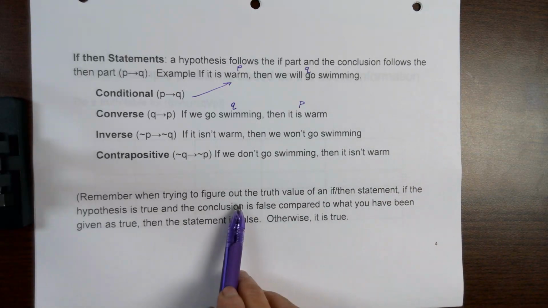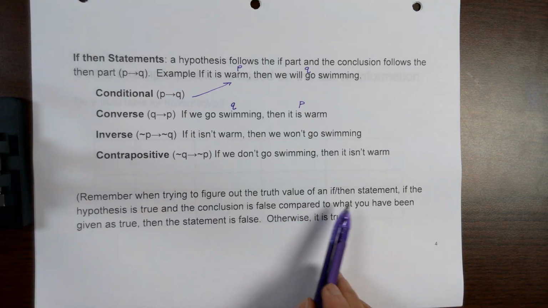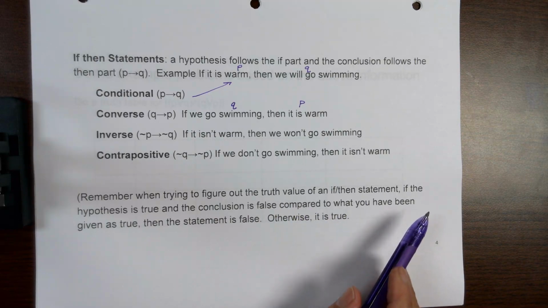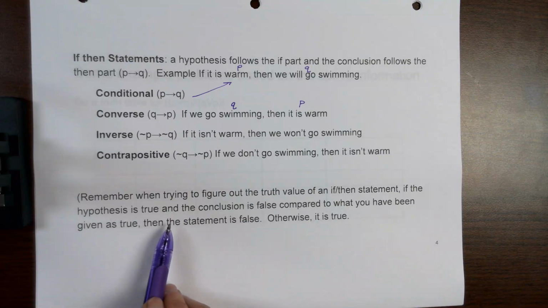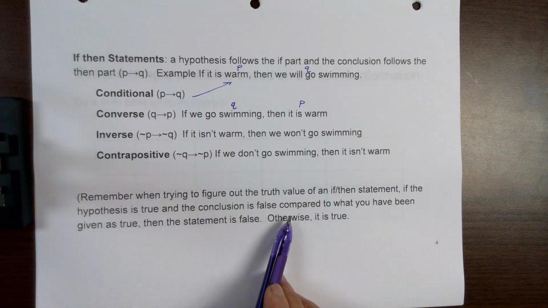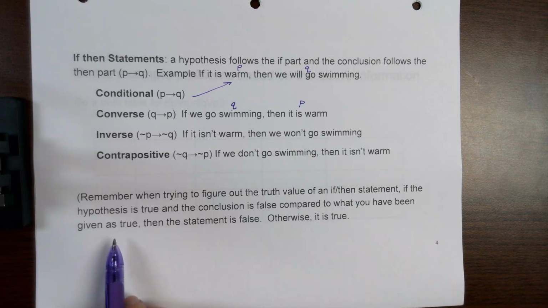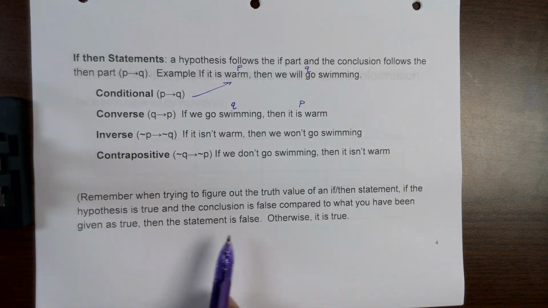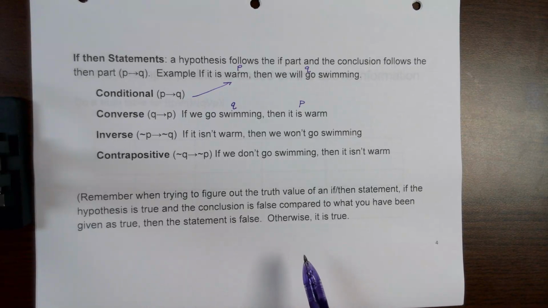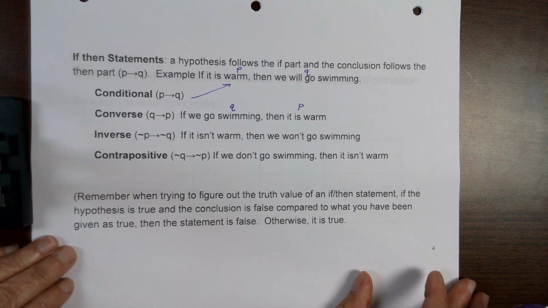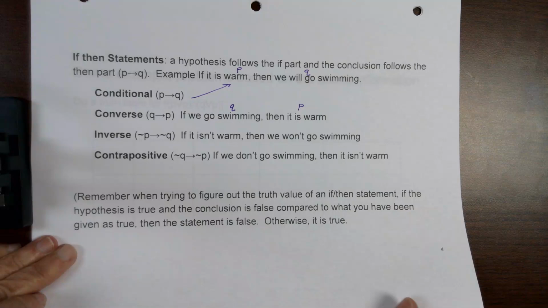And remember, when you're trying to figure out the truth value of an if-then statement, if the hypothesis is true and the conclusion is false, and this is in comparison to what you've already been given as true, then the statement is false. Otherwise, it's true. Remember, this is the whole idea of it's true unless proven false, innocent unless proven guilty.